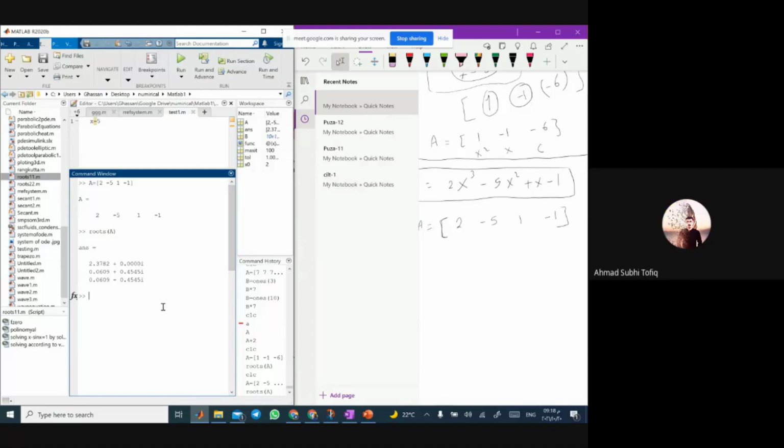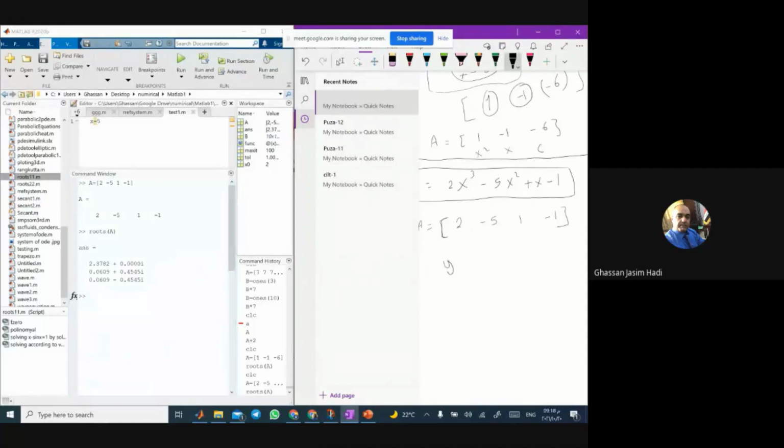Yes. Now, if I have y equal x cubic minus 3x plus 1, what do I have to write? Let's take the same letter.